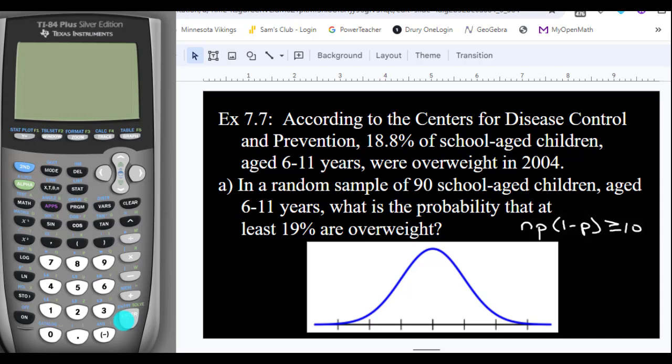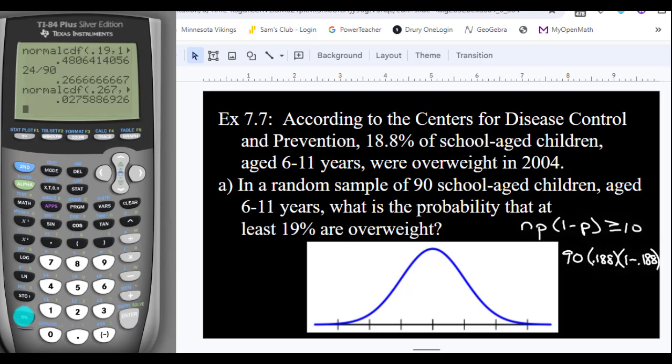We have a sample size n of 90, a p-value of 0.188, and 1 minus 0.188 is our 1 minus p value. So 90 times 0.188 times parentheses 1 minus 0.188. In this case, we get 13.73. So that assures us that our sample size is large enough to assume this is an approximately normal distribution.